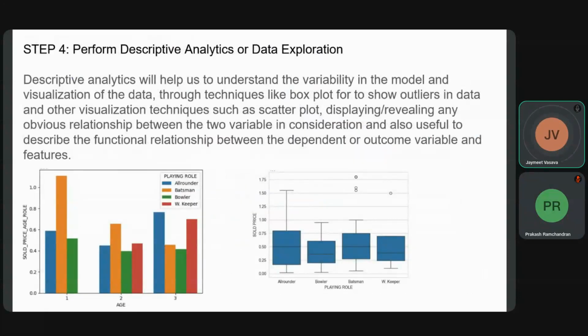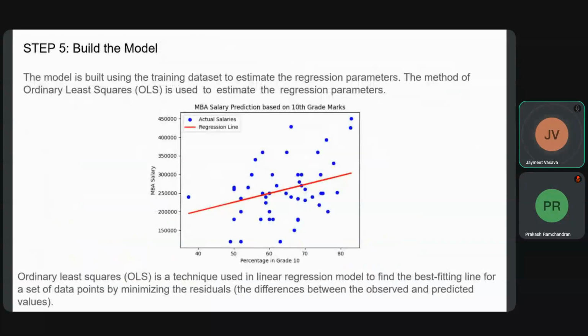You can also guess the distribution of the data from a scatter plot. Now, building the model. The model is built using the training data set to estimate the regression parameters. The method of ordinary least squares is used to estimate the regression parameters.